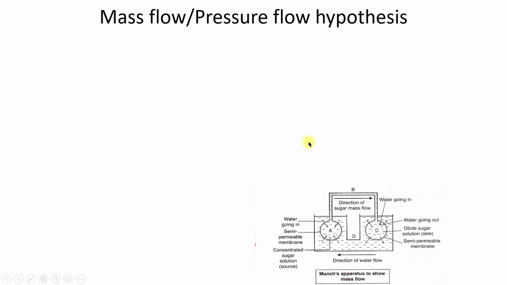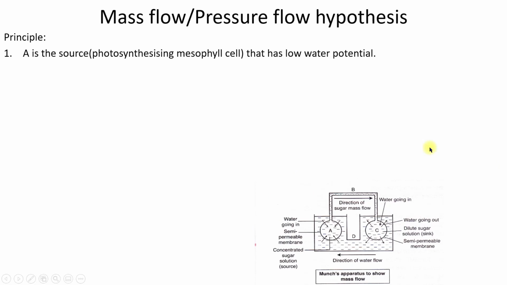The mass flow or pressure flow hypothesis. On this hypothesis, there are two parts, the principle and the application. Let's go to the principle first. You can refer to this diagram here. This mass flow hypothesis states that A is the source that has a lower water potential. An example of this source is the photosynthesizing mesophyll cell of a leaf.